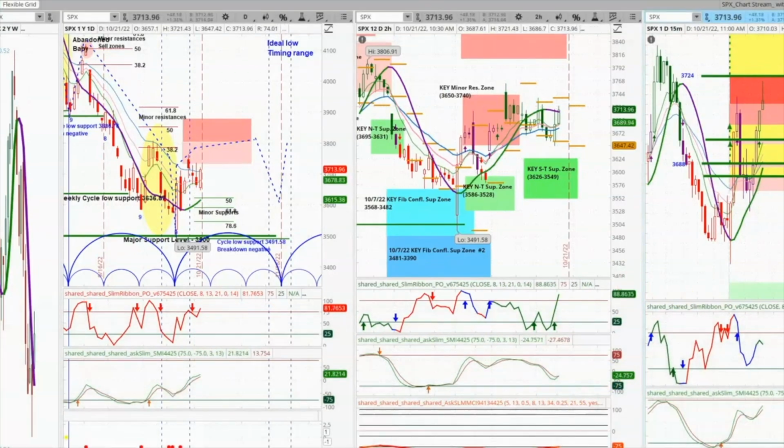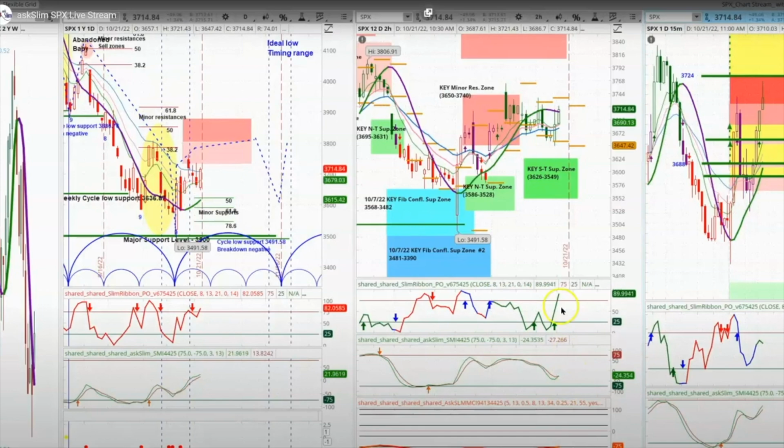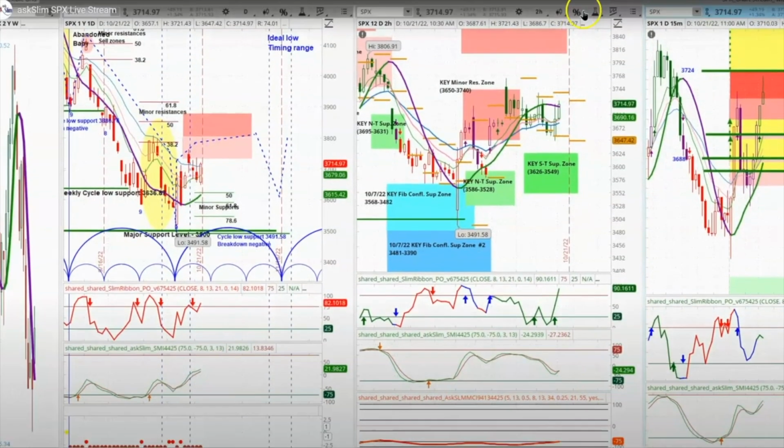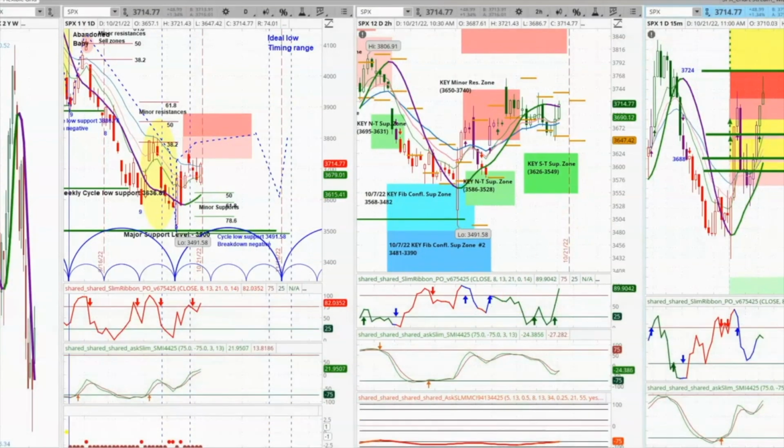Let me just move this up here a little bit so that you can see on the bottom. On the bottom, here you see these red dots. That is the option bias indicator, which is still giving negative conditions. Now, it's important to understand that we look at shorter term intraday, and that's where we're going to start to see things improve first.